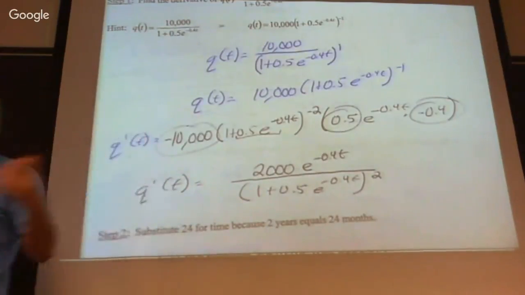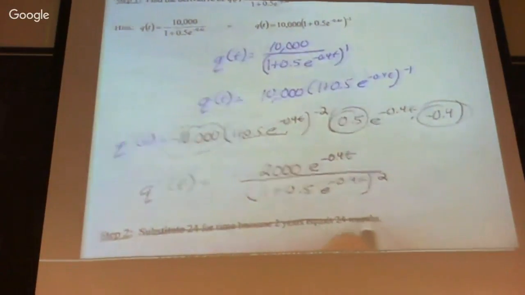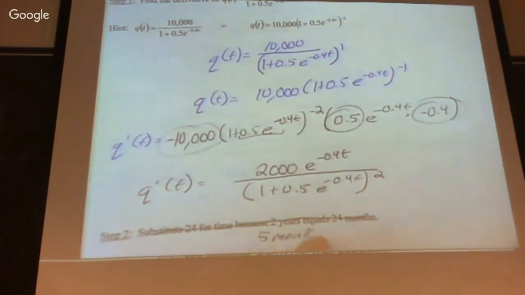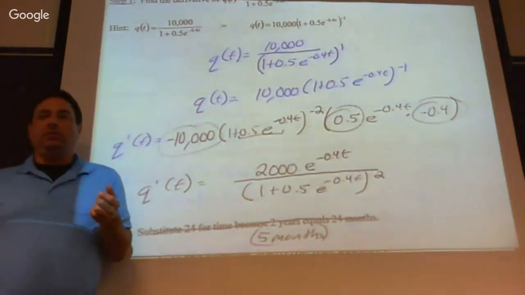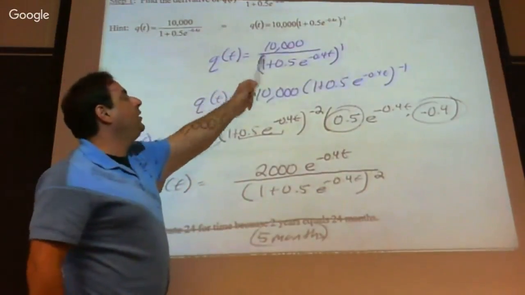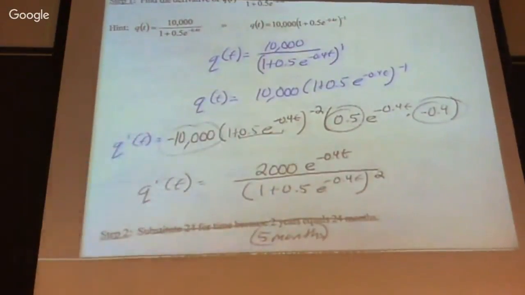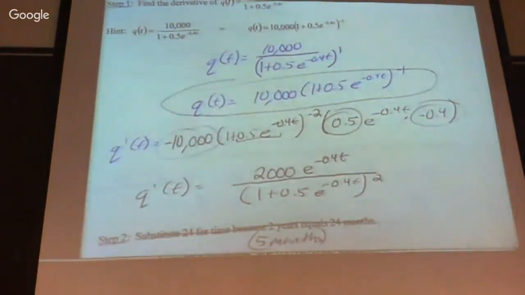Now, here's the tricky part. We're going to plug in not 24 months. We're going to plug in 5 months. I want to know what happened at 5 months. So here's what you're going to do. What goes in Y1? The original. You can put this original, or you can put this original. I'm probably going to put in this one. That goes in Y1.